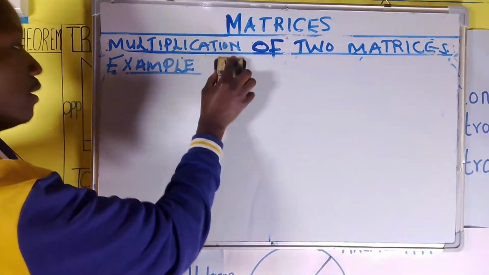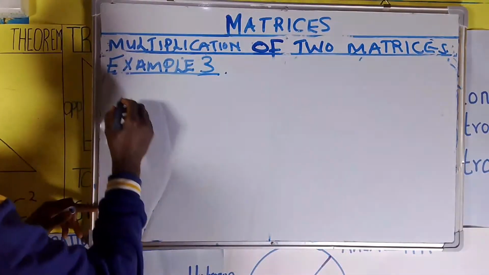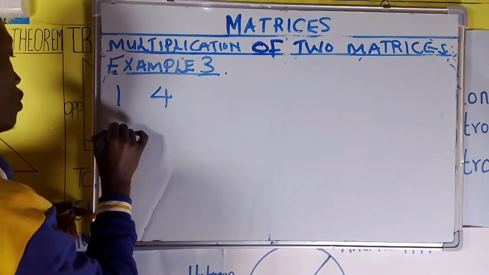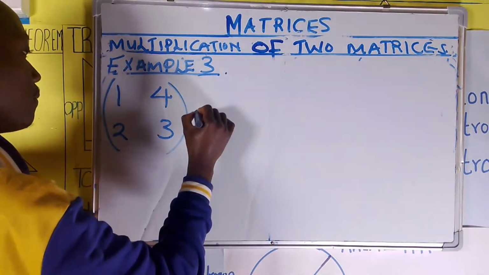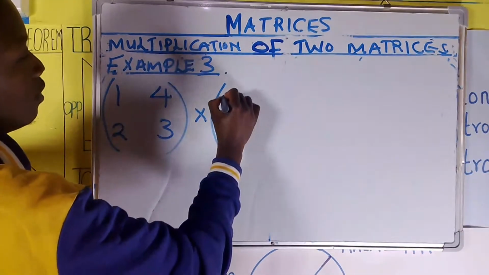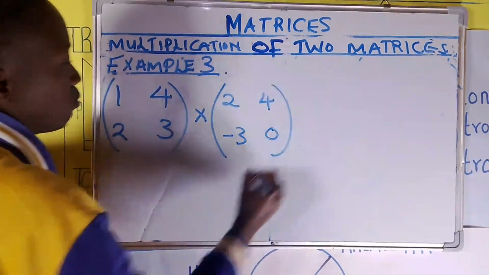Let us do another one. Example 3. We have the matrix 1, 4, 2, 3 multiplied by 2, 4, negative 3, 0.